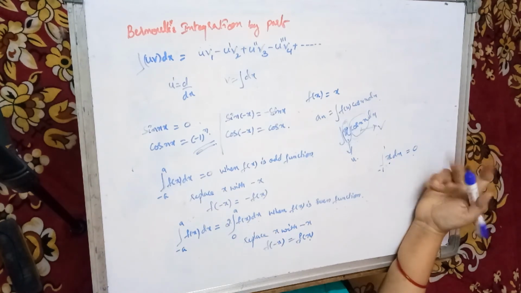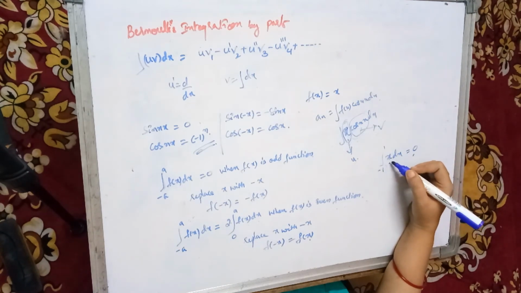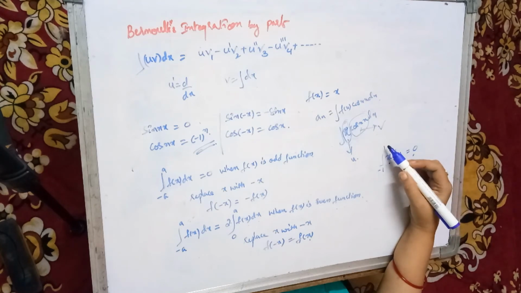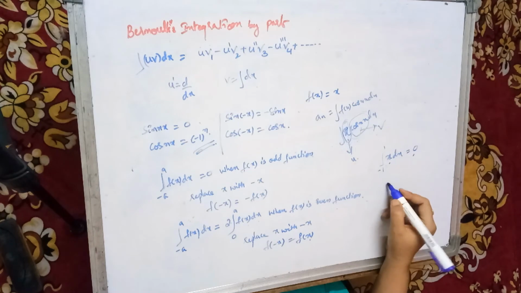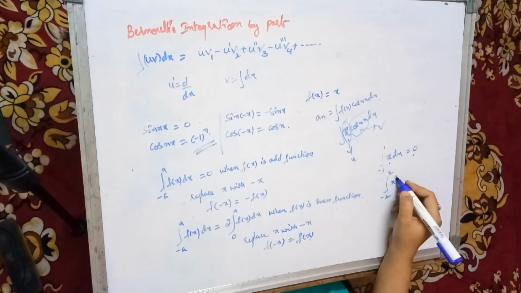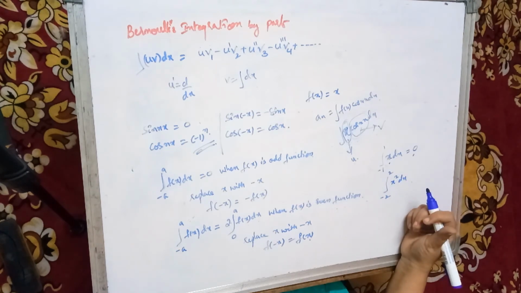If not, check it in your rough work and see whether what I have stated is right or wrong. When you do the integration and substitute upper limit minus lower limit, that will become 0. And suppose they have given you from minus 2 to 2, x square into dx, where x square is an even function.